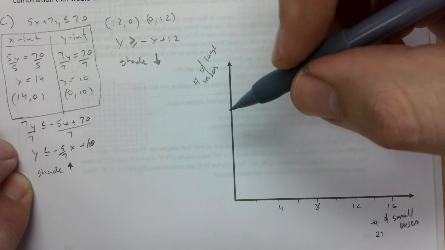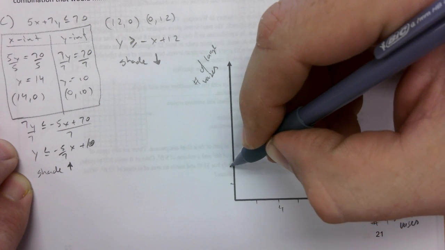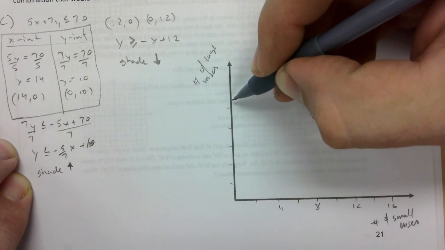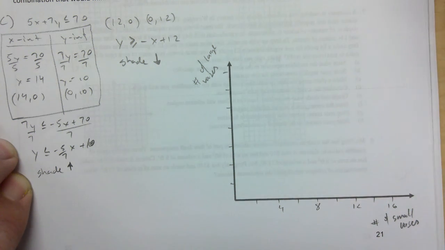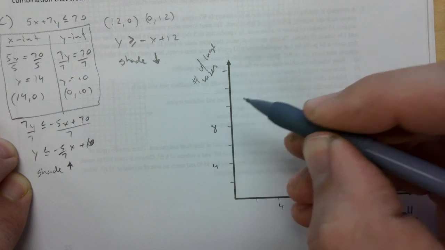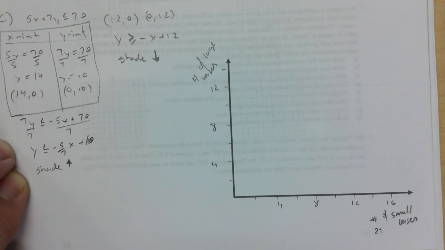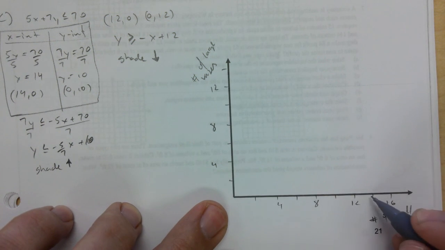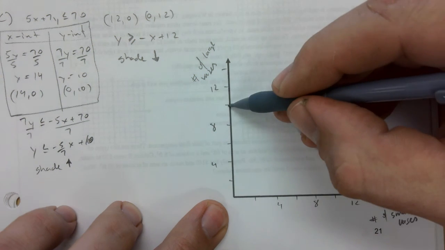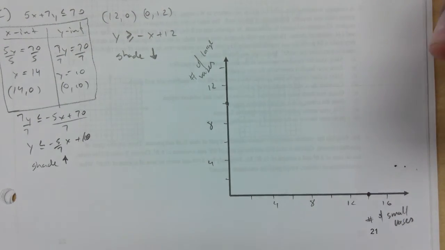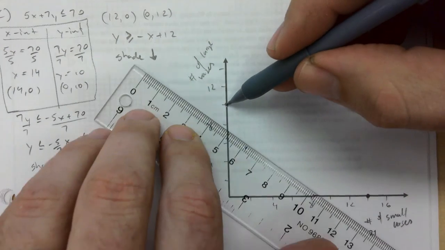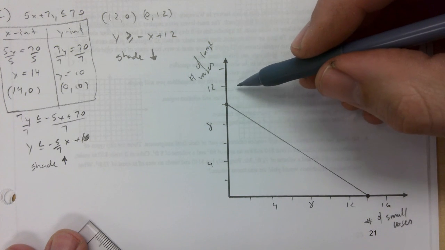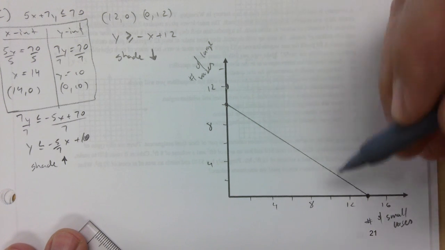I'm going to go up to 12 here, 2, 4, 6, 8, 10, 12, 14 for good measure. There is your graph. So we've got 14, 0 and 0, 10. Use a straight edge. And we have 12, 0 and 0, 12.